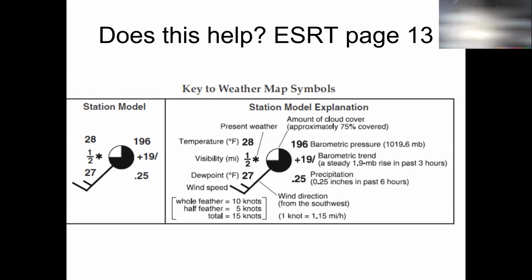Okay, so if I asked you again what 28 was, I have that corner memorized, but I think it's a waste of your brain space to memorize the corners. Not many teachers tell you, but I am telling you it is a waste of your time to memorize this stuff because you just use this key. The 28 is always going to be temperature.